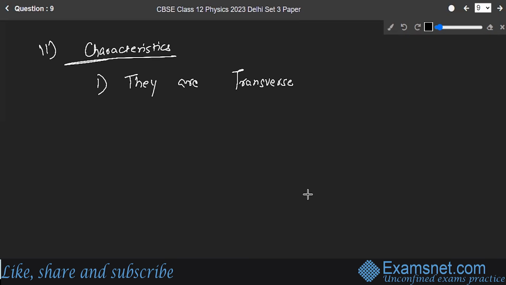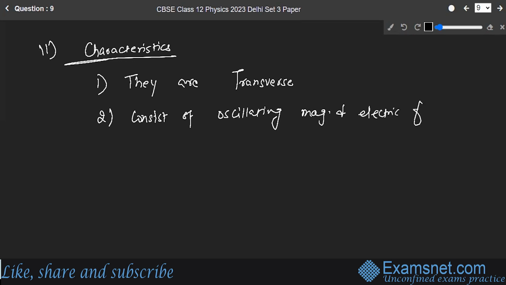Second, electromagnetic waves consist of oscillating magnetic and electric fields that are perpendicular to each other. Okay, so this is the answer to the question. Hope you are clear with this. Let's move to the next question.